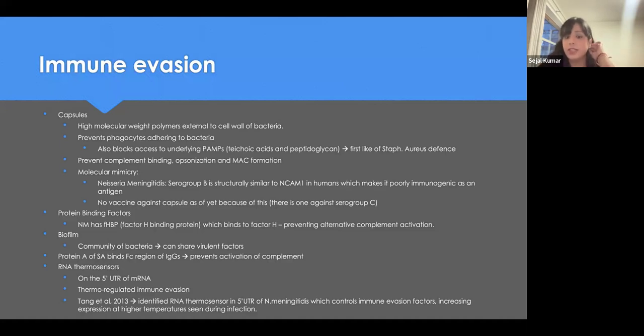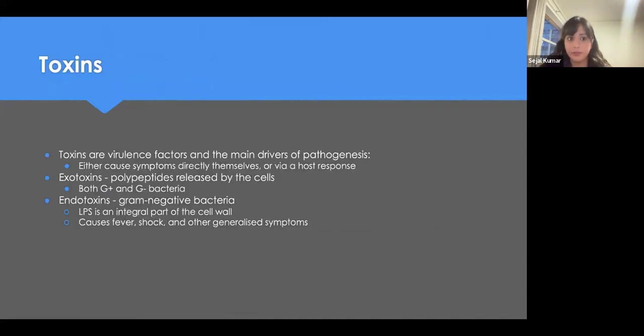So essentially what that means is when higher temperatures occur during fever because of infection, the bacteria is more likely to survive. And it can elicit immune evasion factors when that happens and the host is already immunocompromised. So it's helping the bacteria to be more successful.